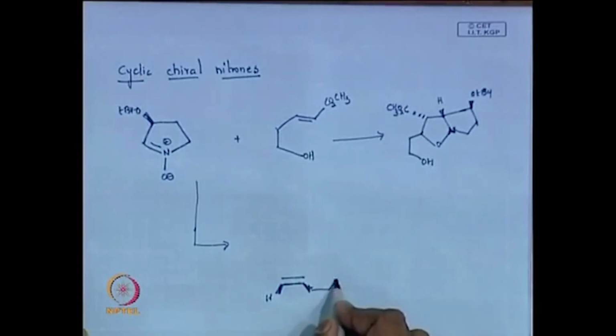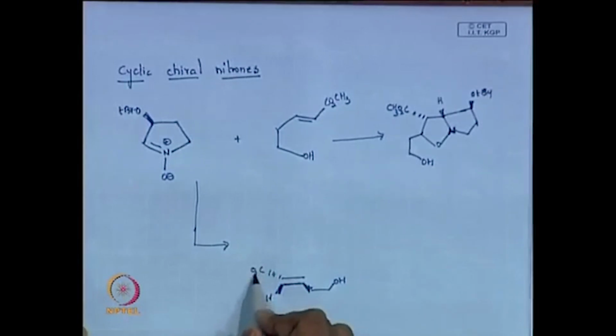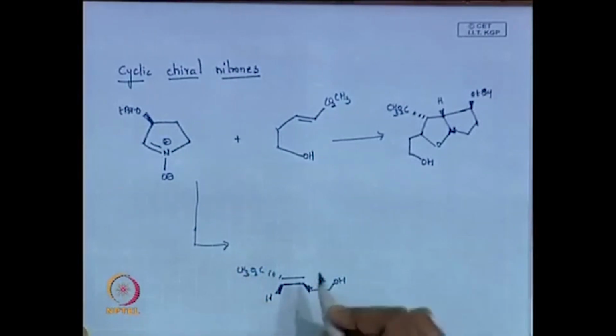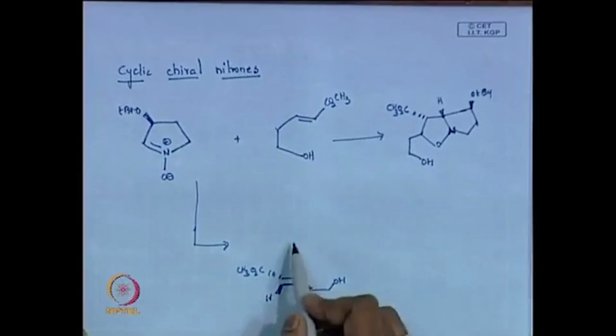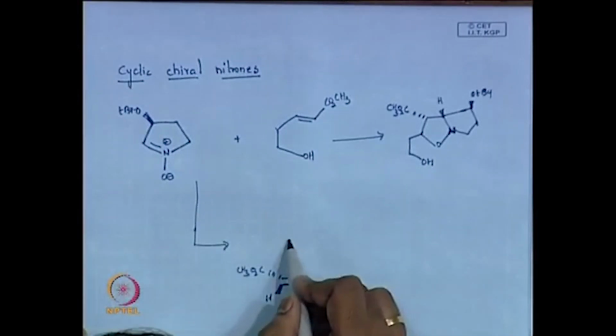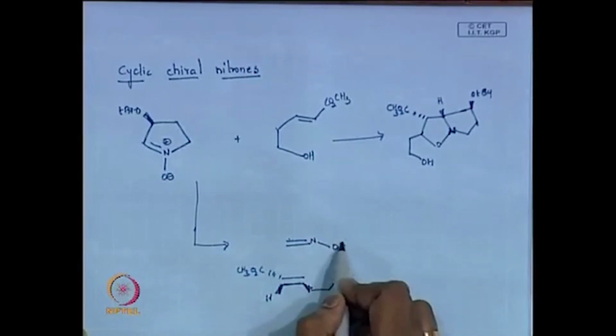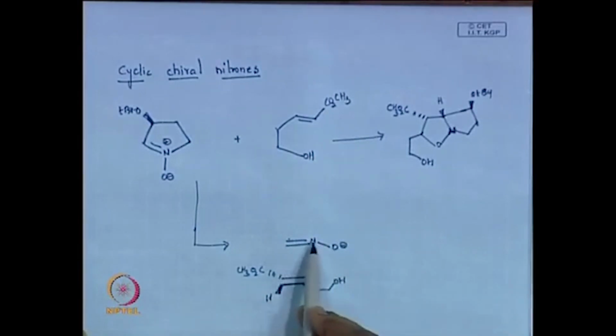Can have my OH, this will be CO2CH3, fine. Same way I can draw for your nitrone, similar, because this is the one which is going to do the dipolar cycloaddition.